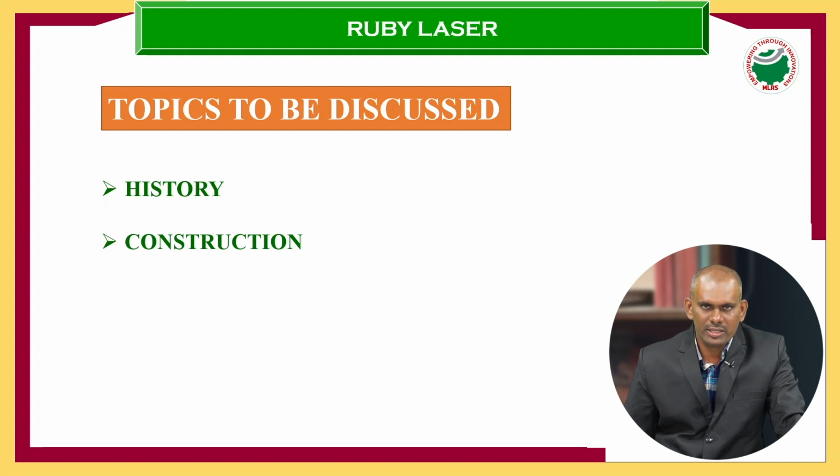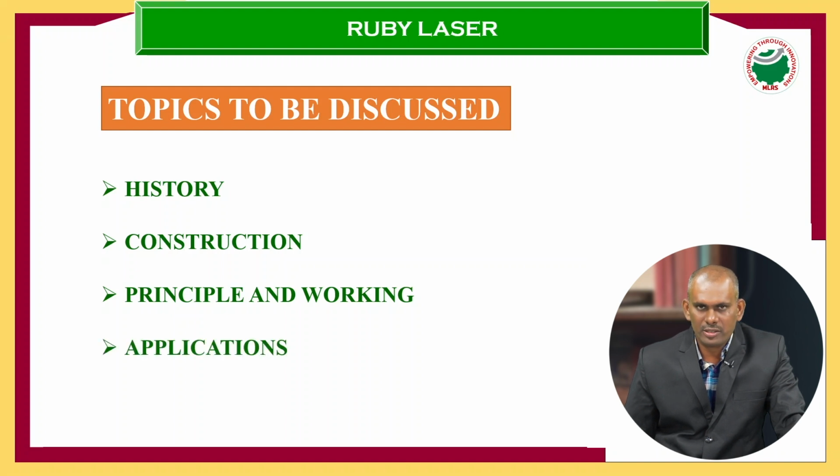Next, principle and working: how the Ruby laser works and what is its working principle. Then applications: where we can use the Ruby laser. And finally, the drawbacks of the Ruby laser.